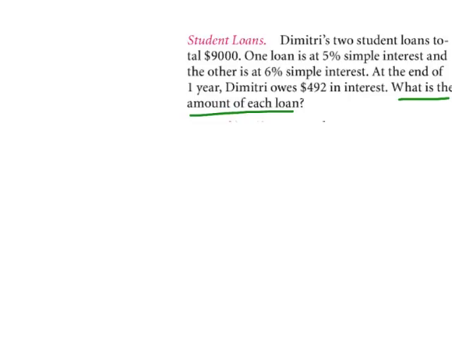So we're looking for two things in this problem. Alright, so I'm going to let X equal money at 5% interest. Okay?